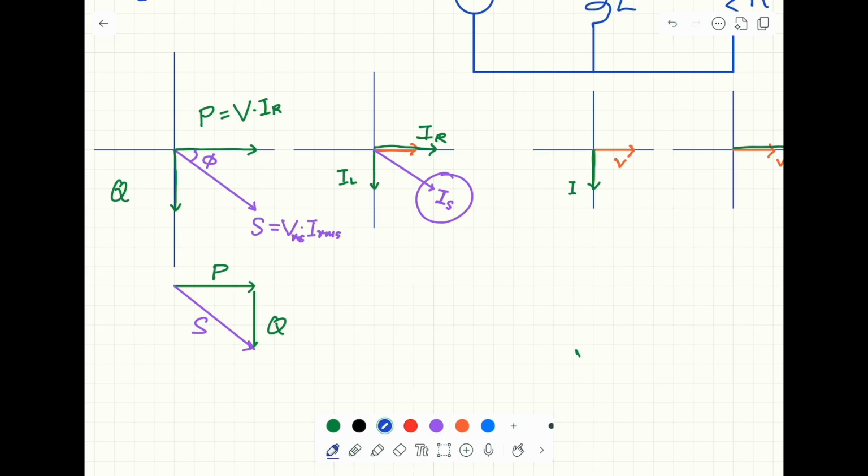So the definition of power factor is PF equal to cosine phi. So phi is equal to the inverse cosine of 0.7, and you will find this is equal to 45.6 degrees.